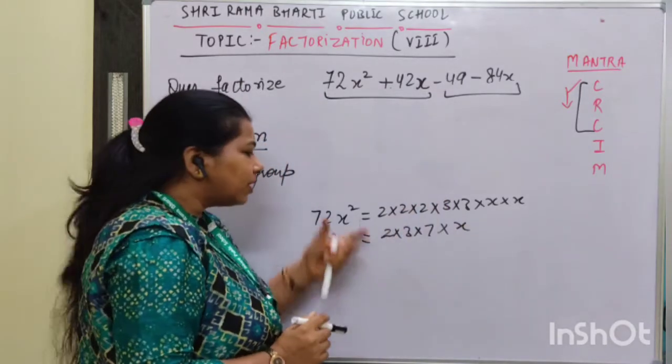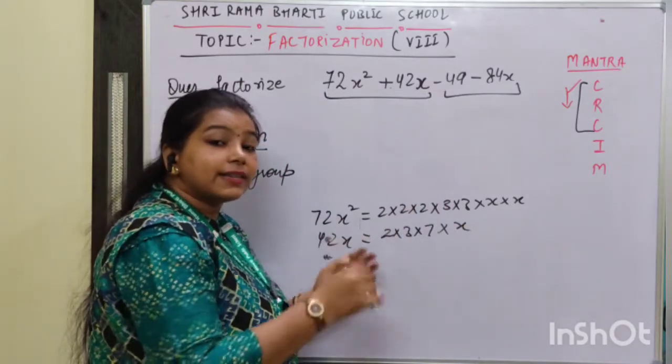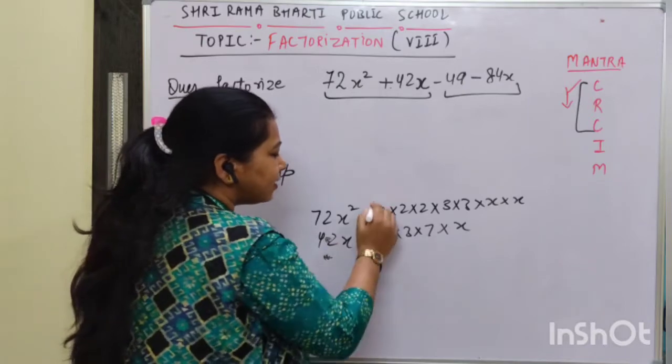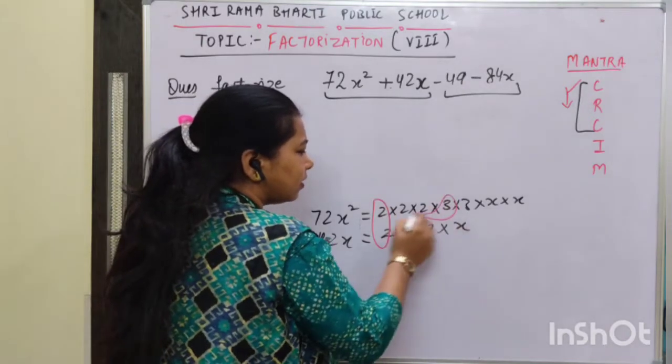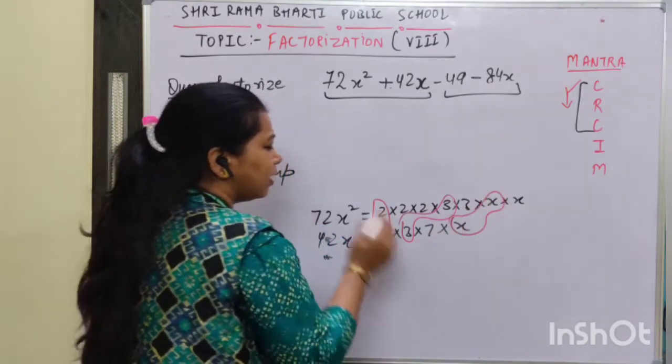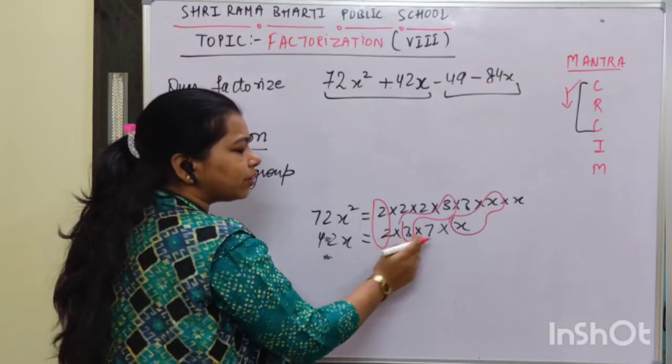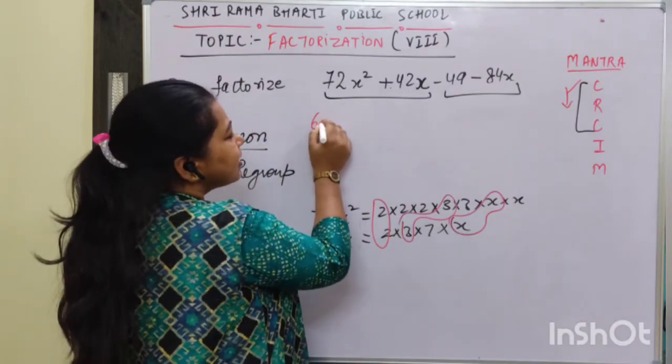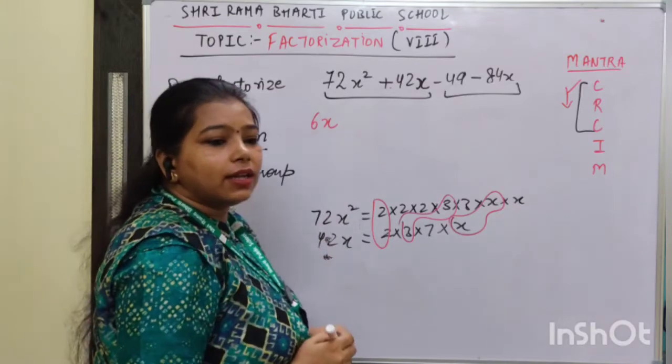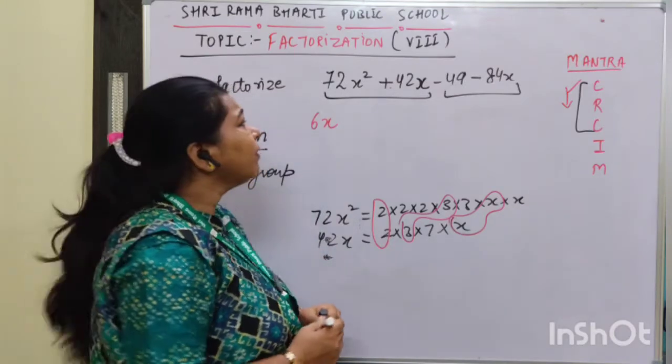Children, you can do this work in your rough work. Here we can see that this is common, this is common, and this is common. So our common number will be 2 into 3 into x, that is 6x.